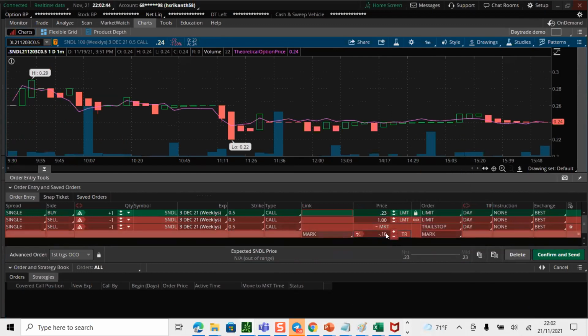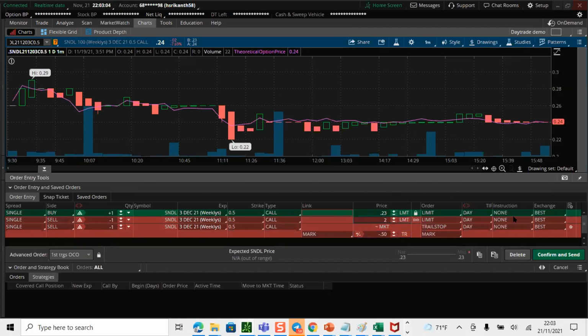I'm okay to lose like 5 cents. You can set up this way for one certain option. Let's say you want to buy 5 contracts with a target of $1, and then another set of 5 option contracts with a target of $2.